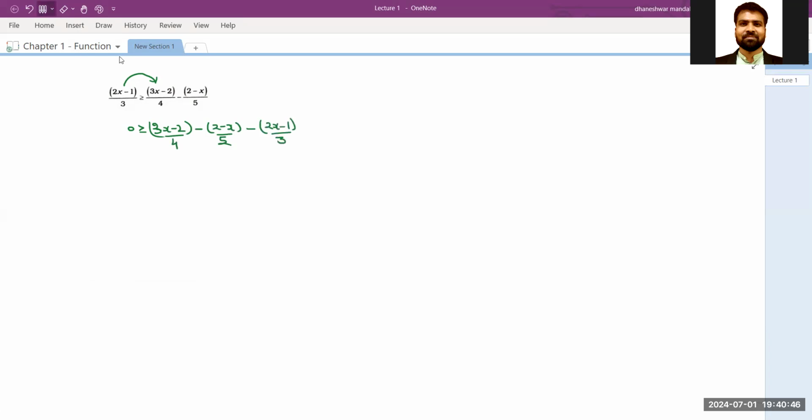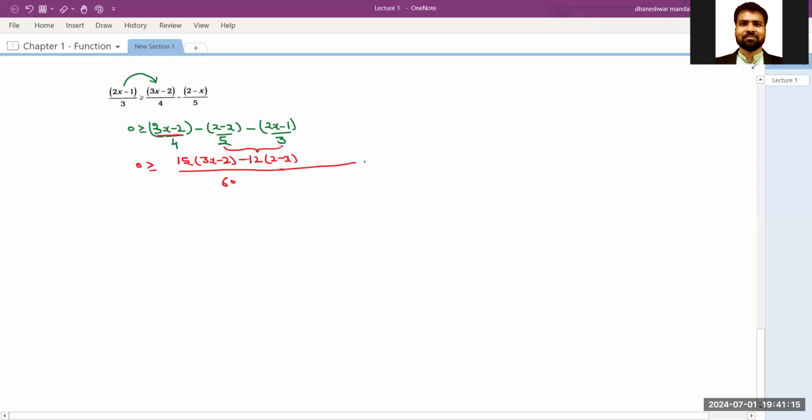Okay. So just take the LCM of all terms. If I take the LCM, then I get 20 multiplied by 3, 60 is there. So multiply this expression by 15: 15 times (3x minus 2), then 12 times (2 minus x), and here we have 20 times (2x minus 1).